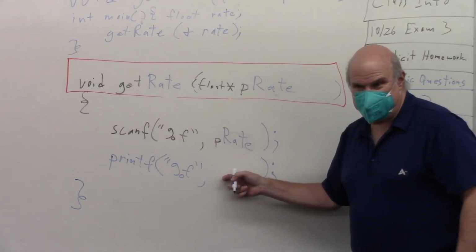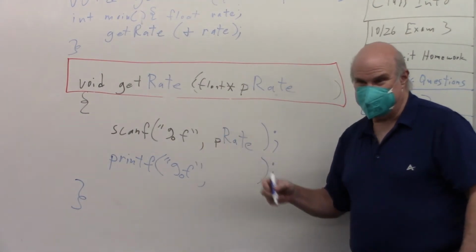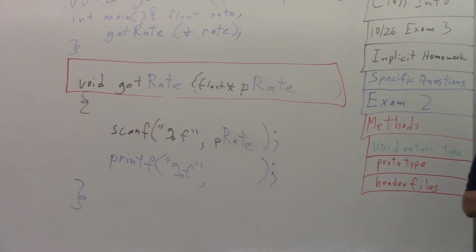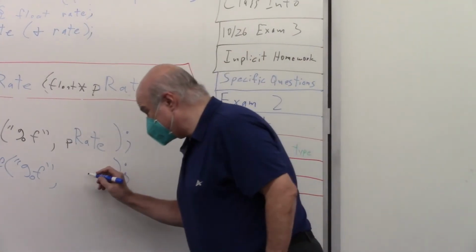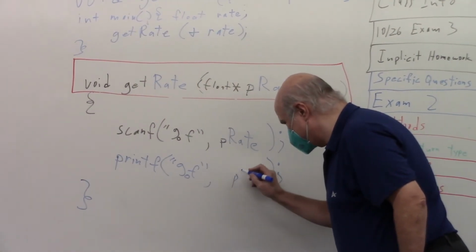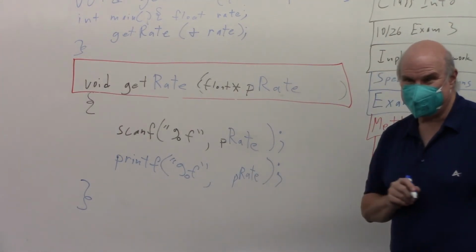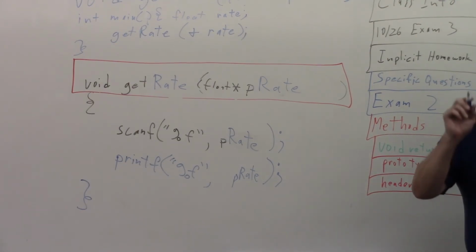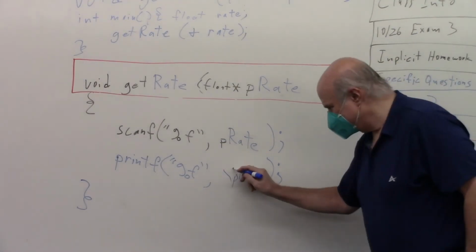What do I put here to print the value that scanf received? The reference operator with the p rate. Okay, it's going to contain some part of p rate, that's for sure. What else, if anything? I would think you have to add the ampersand, right? The ampersand is the reference operator. What's the dereference operator? The asterisk.